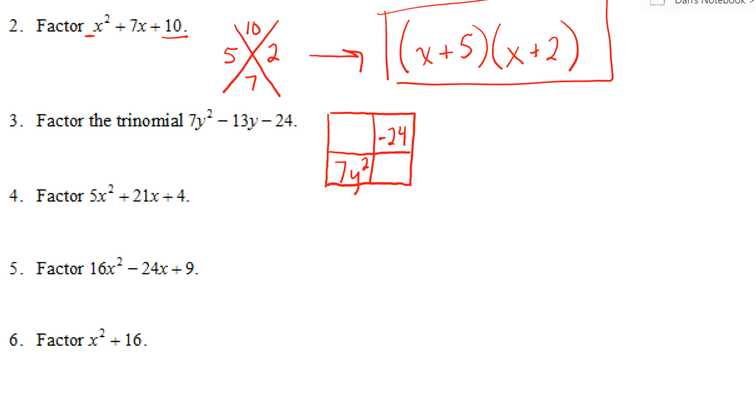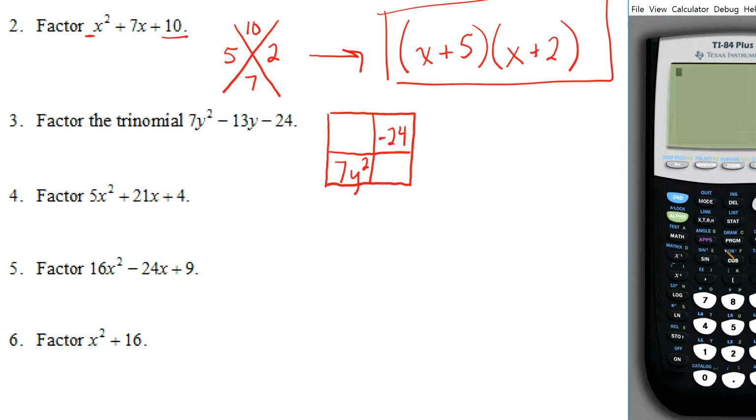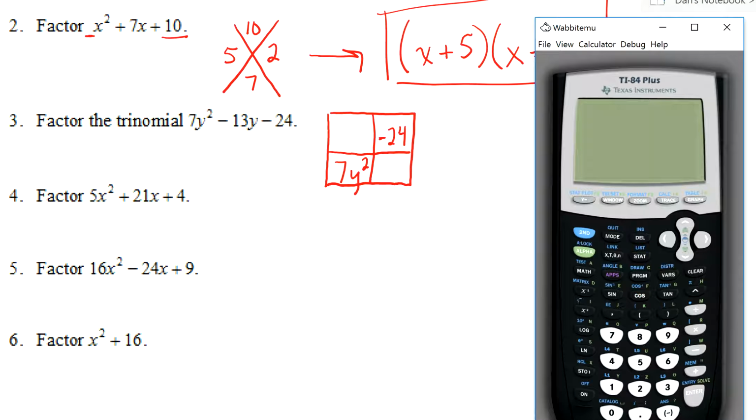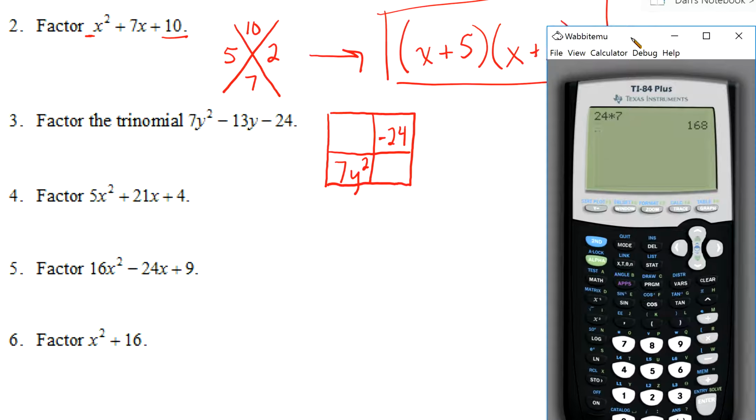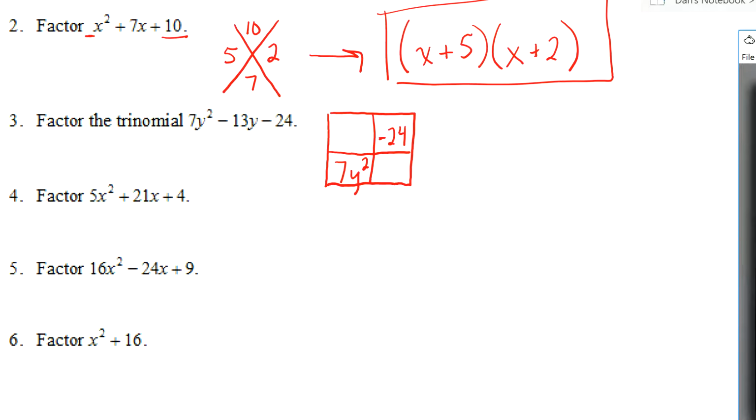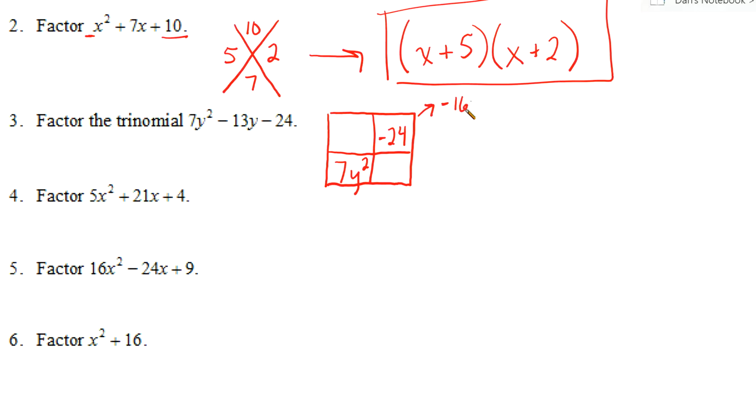All right, get my calculator out. If I take 24 times 7, and calculators are allowed on the test. I'm also going to allow one note card, one 3x5 note card front and back. That's 168. So this multiplies to negative 168 y squared.